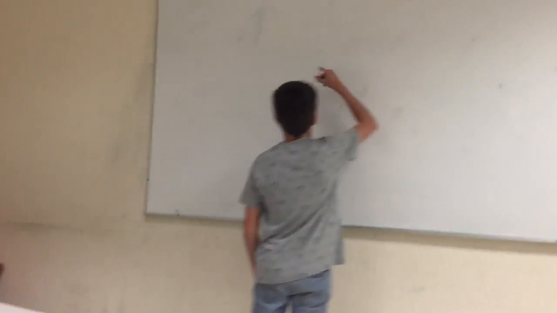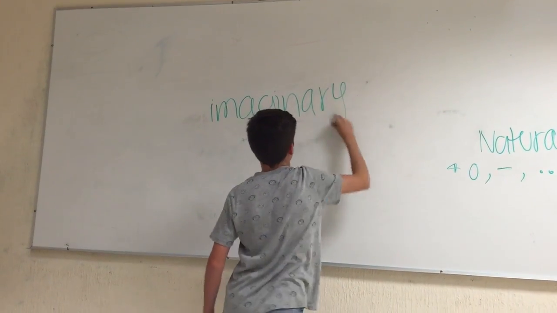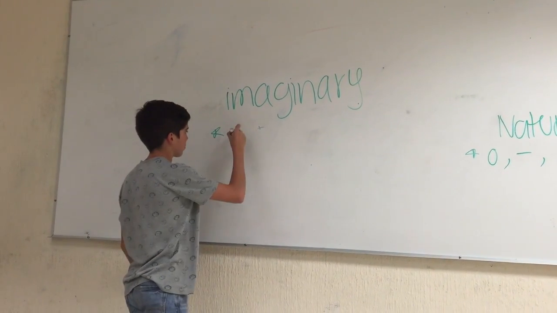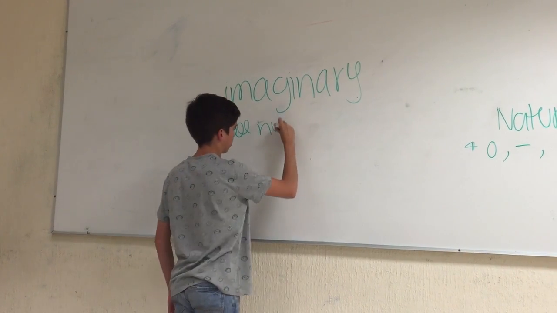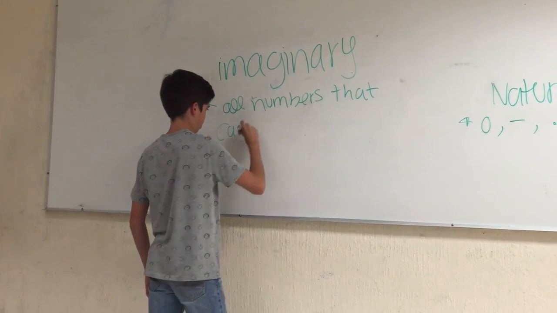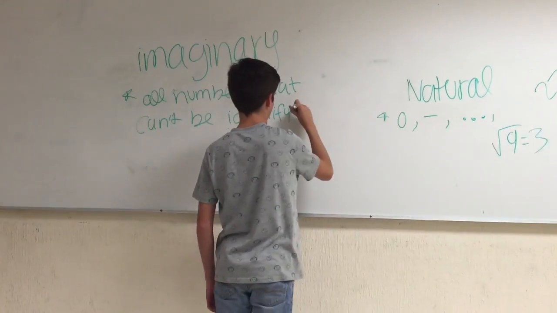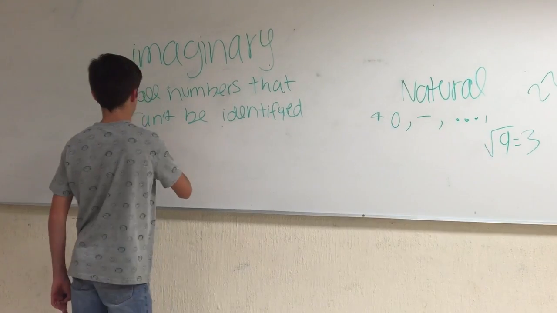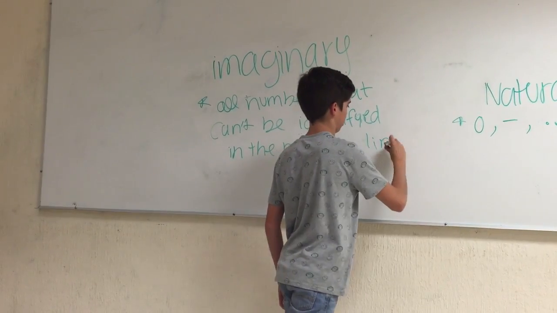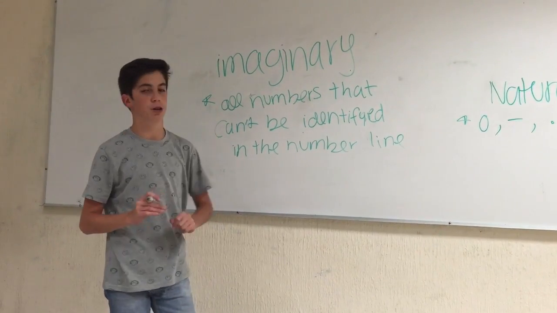Imaginary numbers can be all numbers that can't be identified on the number line. So, very simple. Real numbers are all numbers that can be identified on the number line. Imaginary numbers cannot be.